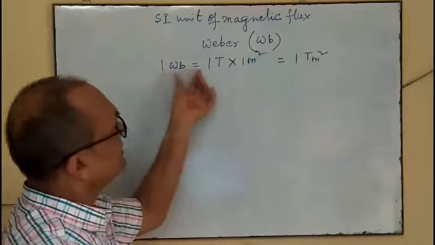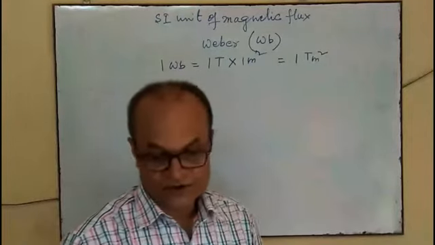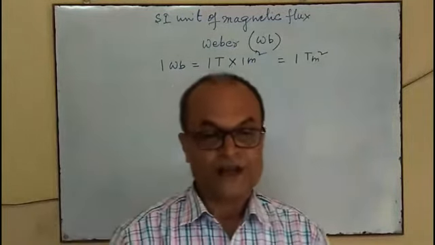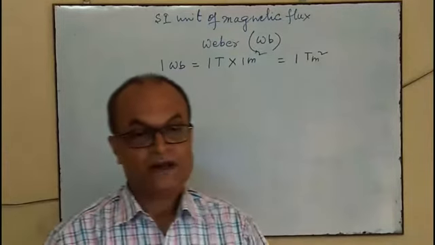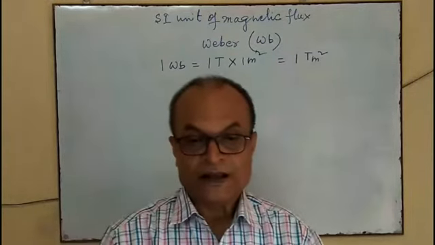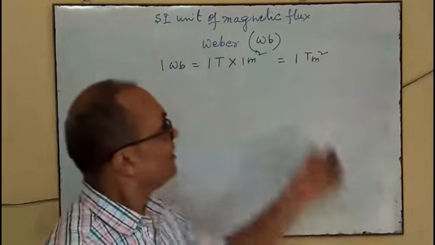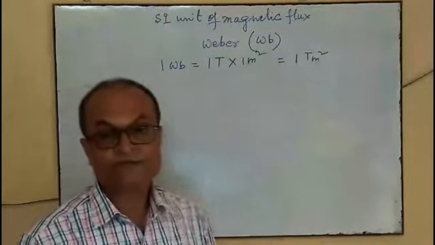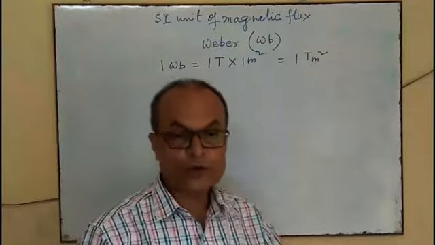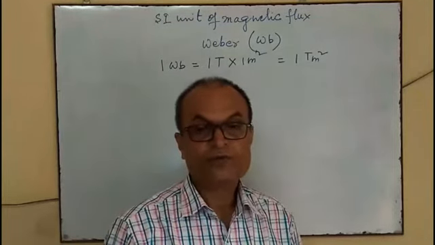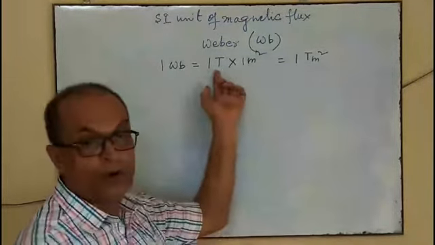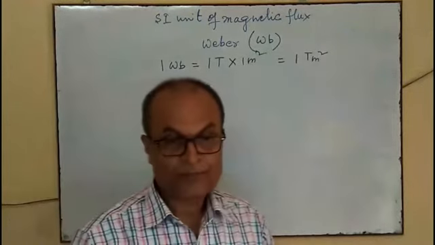So 1 Weber equals 1 Tesla meter square. So we can say 1 Weber is the magnetic flux linked with a surface area of 1 meter square when held normally inside a uniform magnetic field of 1 Tesla.